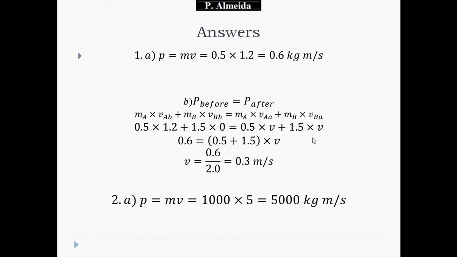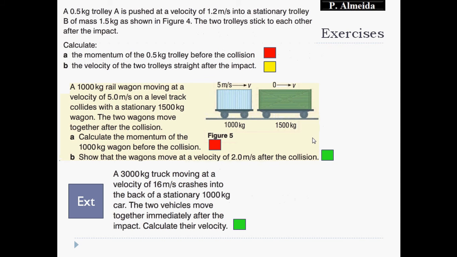The last question says, a 3,000-kilogram truck moving at a velocity of 16 meters per second crashes into the back of a stationary 1,000-kilogram car. Again, stationary, velocity before the impact is 0. The two cars move together immediately after the impact, meaning their final velocity V is the same. Calculate their velocity.